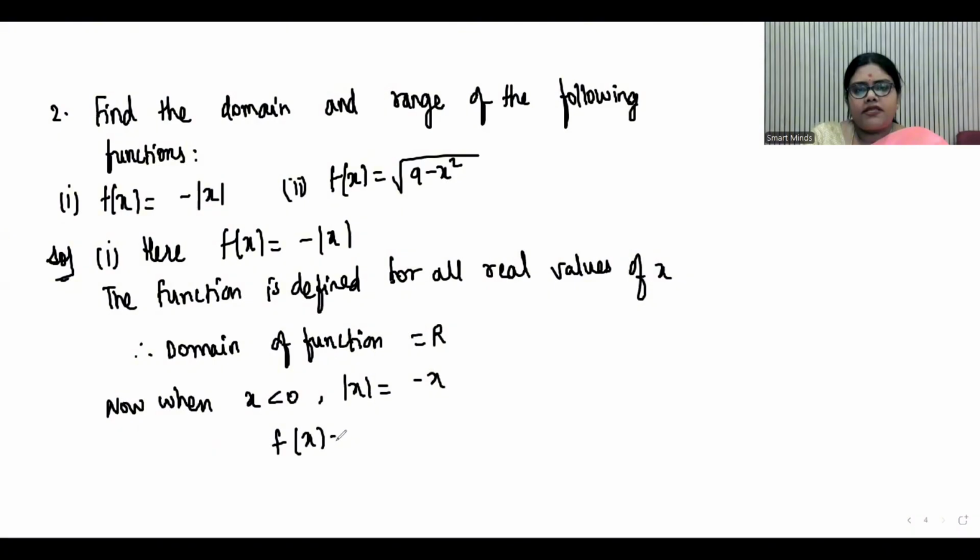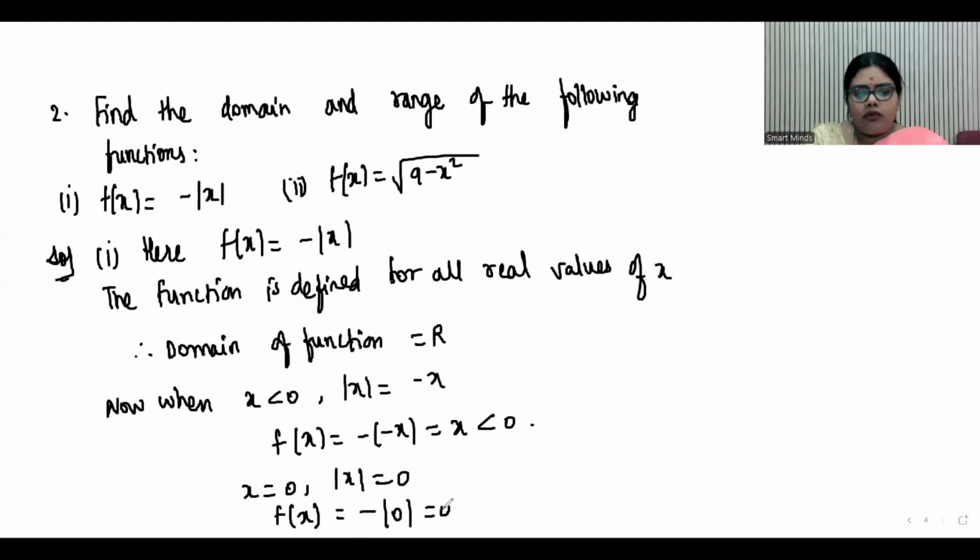So f of x is equal to minus of minus x, that is x, which is negative. Now x is equal to 0, then mod x is 0. So f of x is equal to minus mod 0, which is equal to 0.